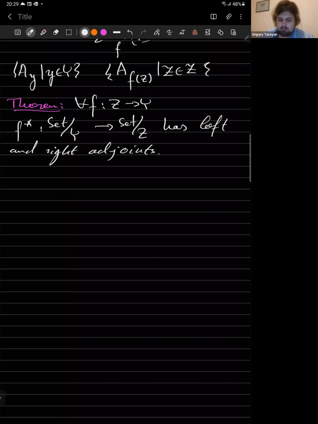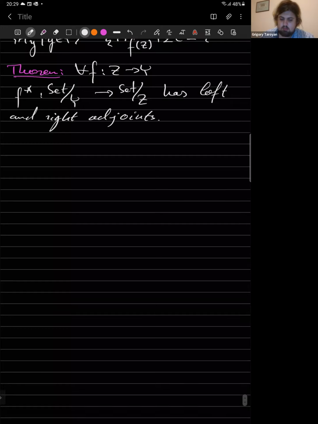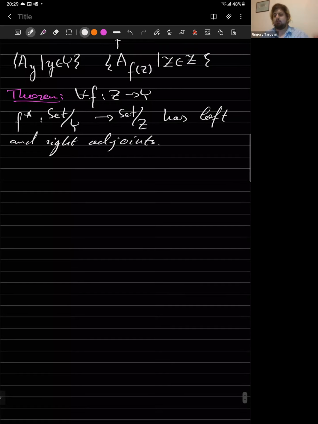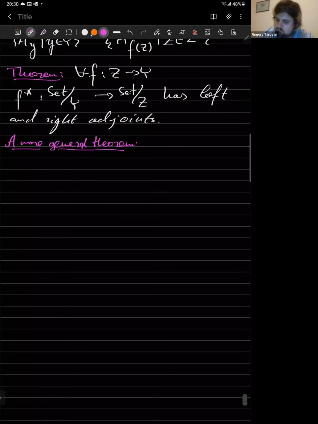This theorem is actually a manifestation of a more general result, which I will now state, which says basically the same, but for arbitrary categories. So let C be a category with pullbacks.